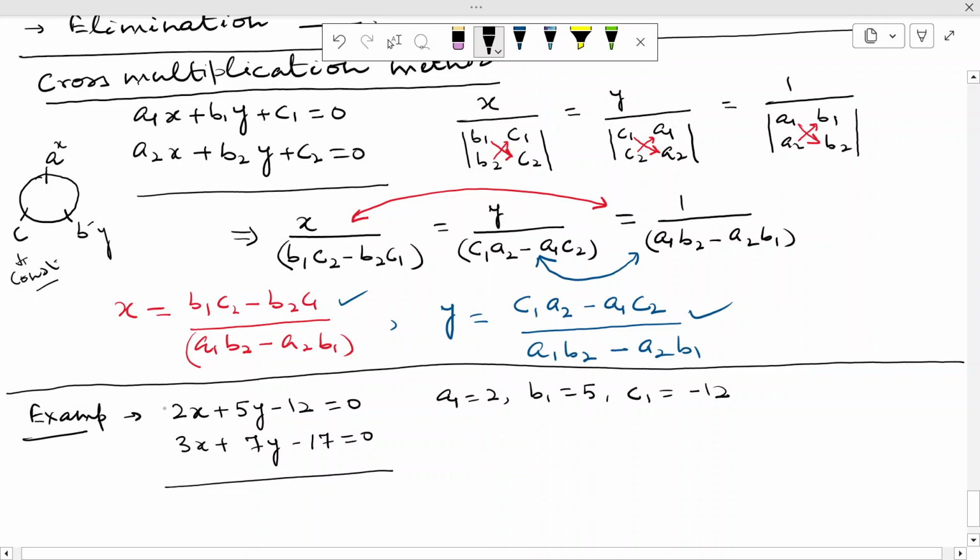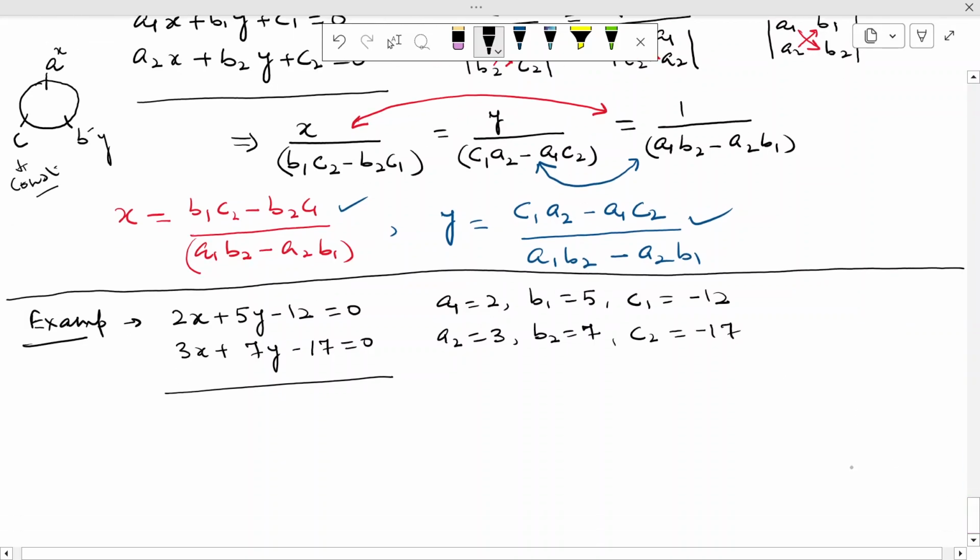Okay, so this is a1, this is b1, and last one we are having c1. Now similarly we are having a2 as 3, b2 as 7 and c2 as -17.